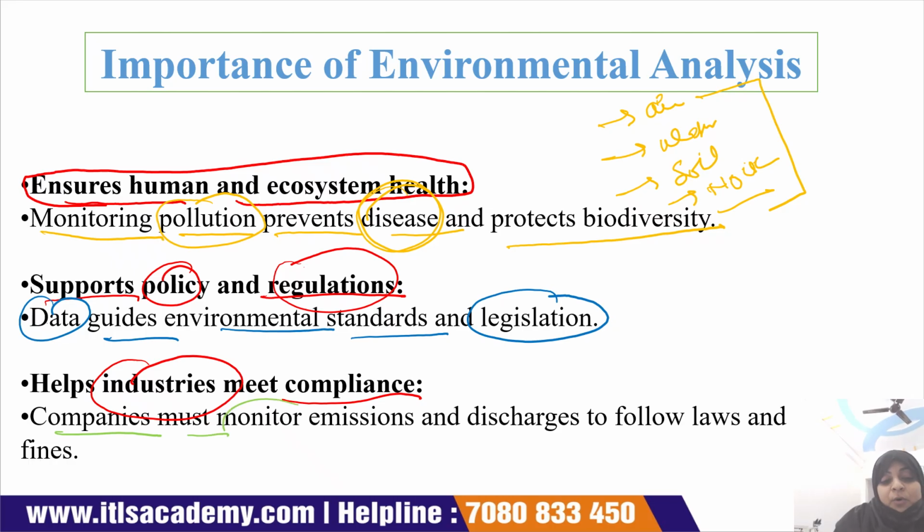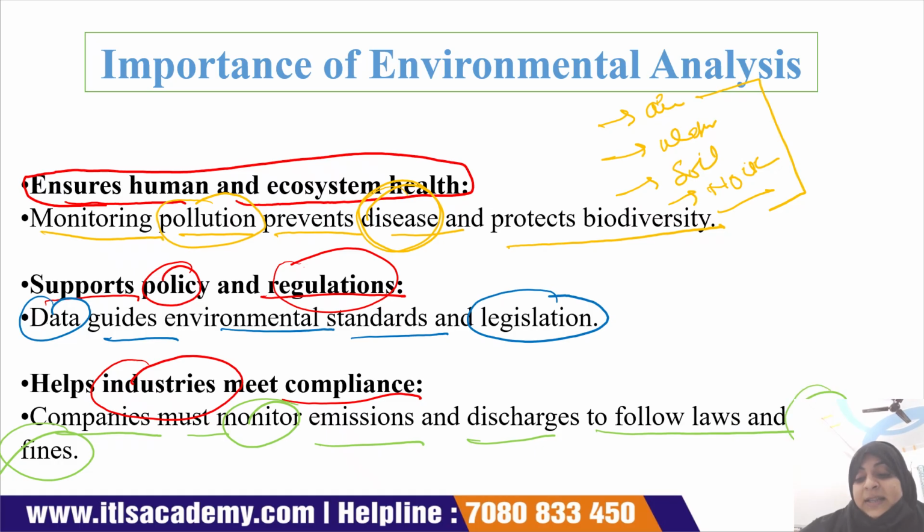Companies must monitor their emissions and discharge so that they can follow the laws and avoid fines. The pollution created by the companies should be monitored, and when they follow the laws, they can avoid fines.